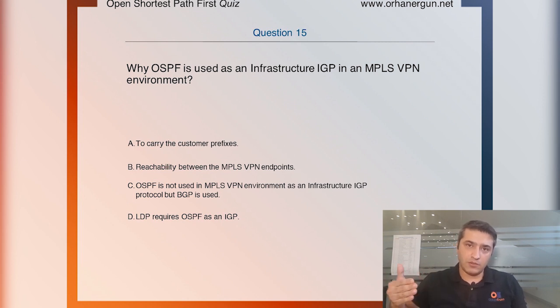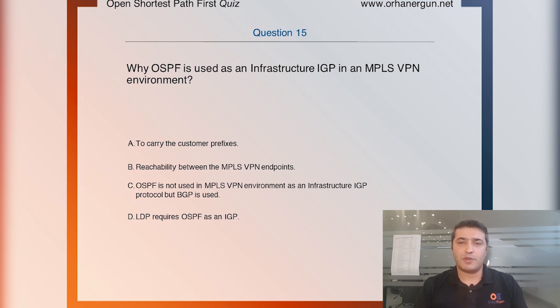And we have a routing protocol towards the customer in MPLS layer 3 VPN especially, right? Towards the customer, and also inside the internal ISP MPLS network of the service provider, we have a routing protocol as well. And the question is asking why we have that routing protocol inside the ISP network, the service provider network, when they have MPLS VPN. So let's have a look at the options.